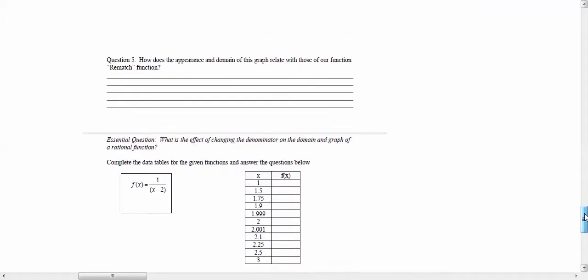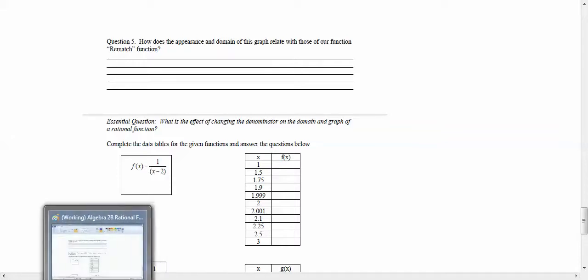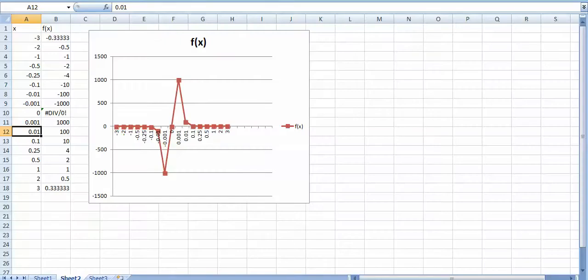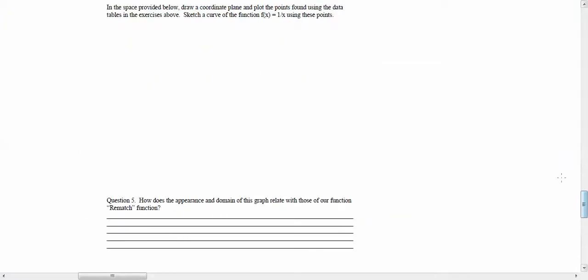All right. How does the appearance of the graph relate to the domain of this function? Okay, so for 1 over x, the domain being x cannot equal 0 means there's this imaginary vertical line, which I'm calling a vertical asymptote.